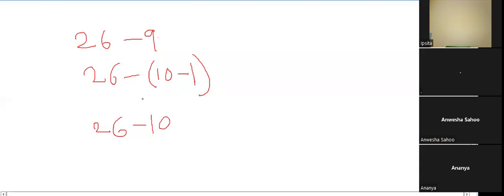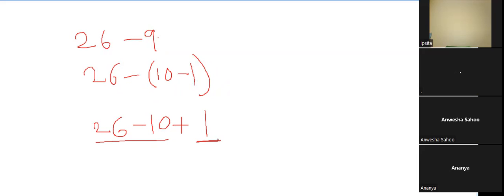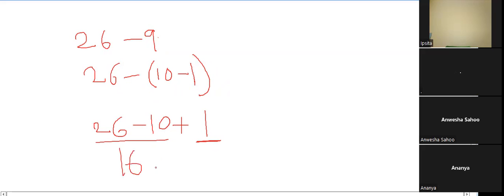Tell me, minus into minus becomes plus how much? 1. So first we will do up to this part and later we have to add 1. Why we are adding 1? Because we already subtracted 1 extra and at the end we have to add that 1. Got it? 26 minus 10 is 16 and then plus 1. Okay, all of you?